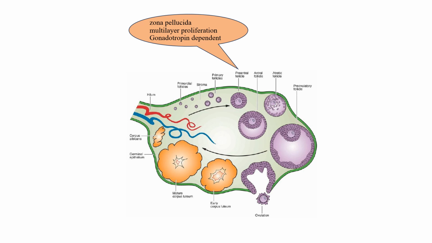The antral follicle is known as antral because it has a fluid-filled cavity. After the antral follicle, there is the pre-ovulatory follicle, which will rupture and lead to the formation of the corpus luteum.